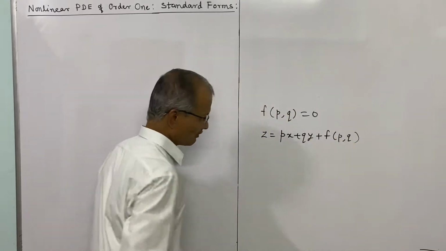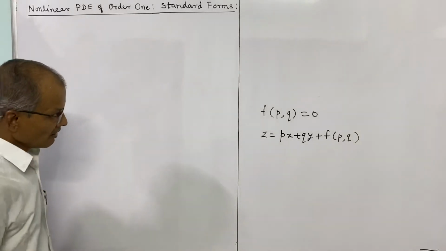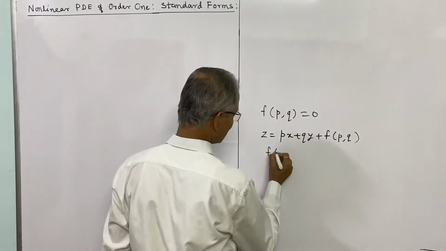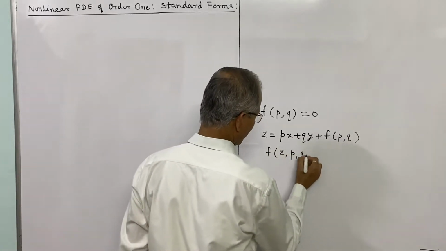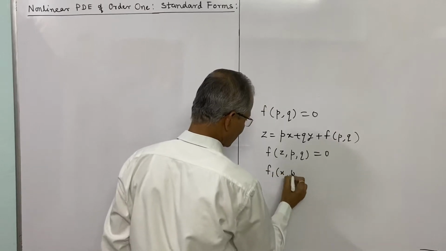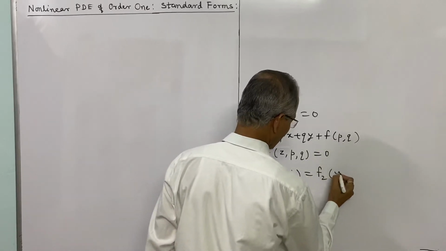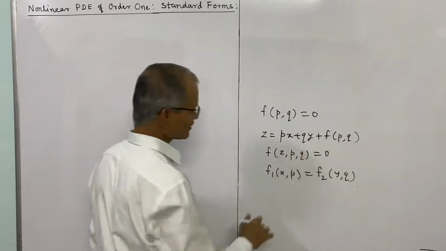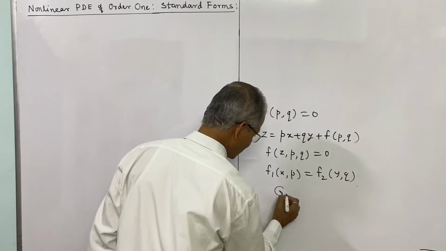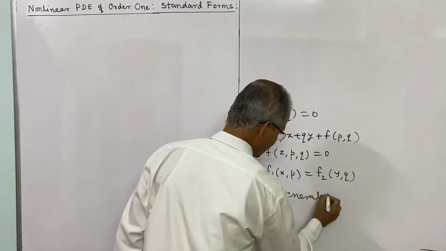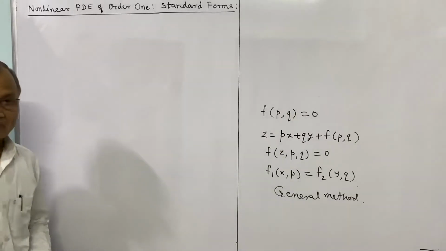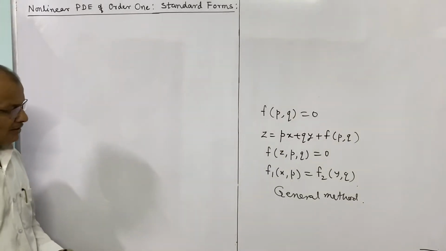Then we will consider another relation in terms of p, q, z, that is function of z, p, q is equal to 0, and further function of x and p is equal to another function of y and q. So these are some standard forms, and then we will consider the general method, which is also known as Charpit's method. So we are considering these one by one.